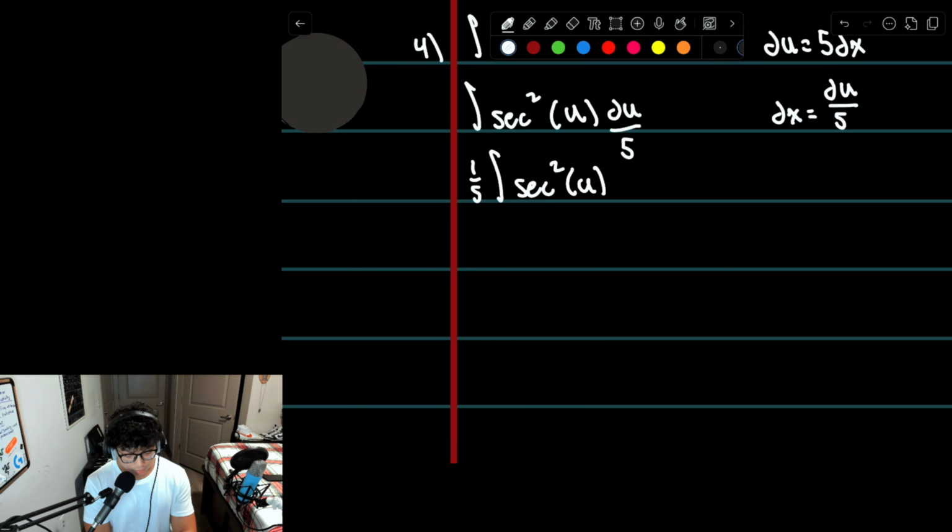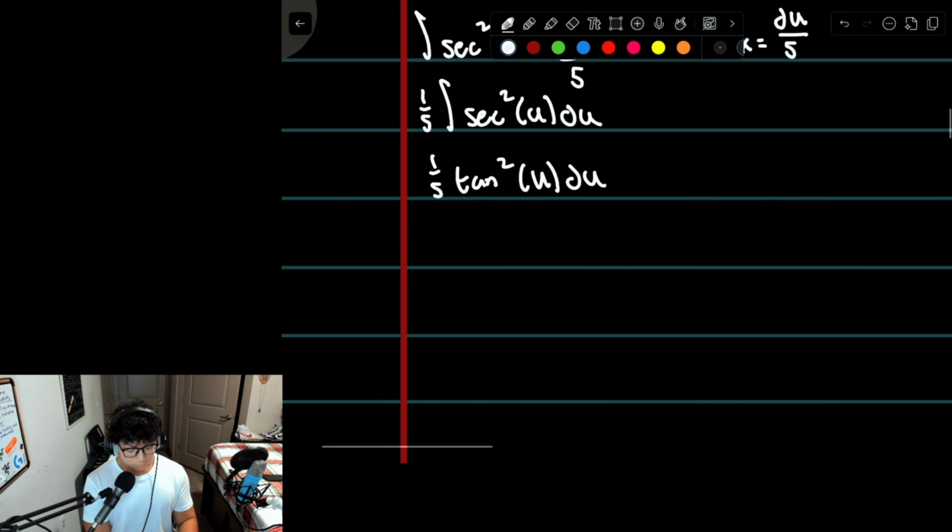It becomes the integral of secant squared u du times 1/5. And if you caught on, the integral of secant squared is tangent. So now we are given 1/5 tangent u plus c. Don't forget that.